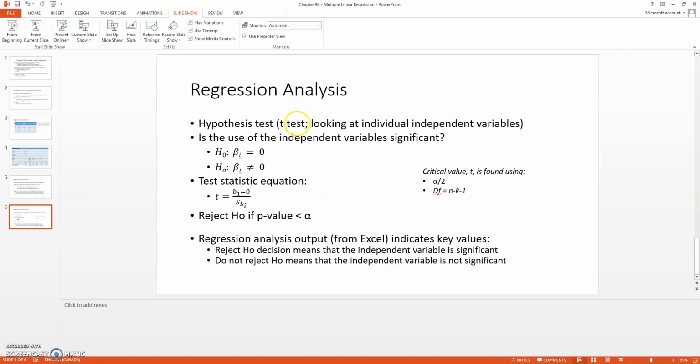For the regression test for the independent variables, the null hypothesis is that the slope for each independent variable is 0. Alternately, it's not equal to 0. It's a two-tailed test. There's our test statistic that we looked at, the slope divided by the standard error of the slope. Critical value can be found using those degrees of freedom and our decision rule.